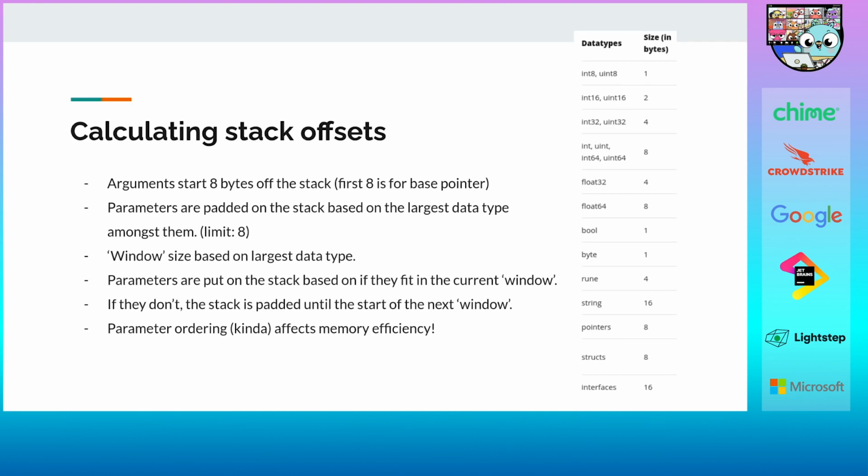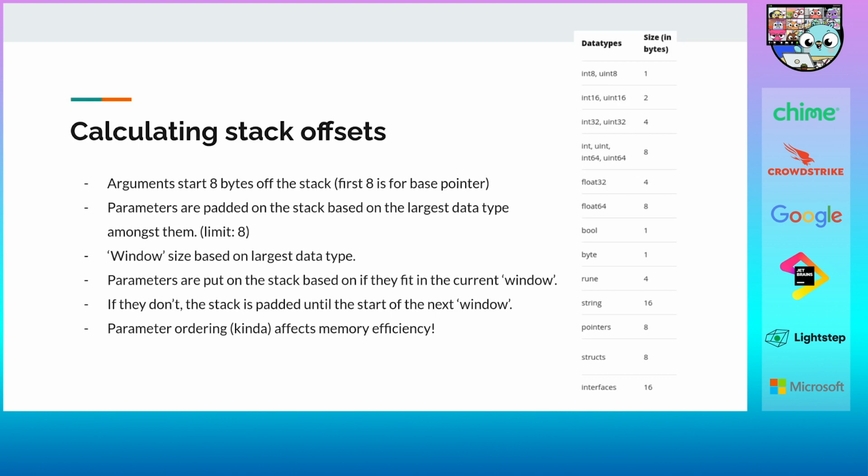Parameters are padded on the stack based on the largest data type among them, so the limit is 8. On the right here, we have the size in bytes of most of the different data types in Go. I like to call this concept the window. The window size is based on the largest data type.